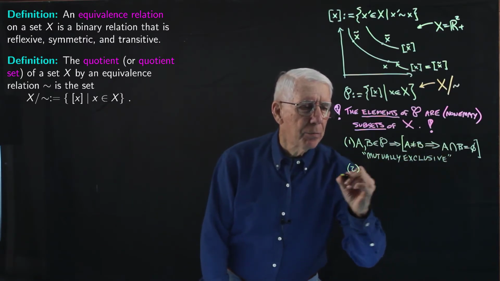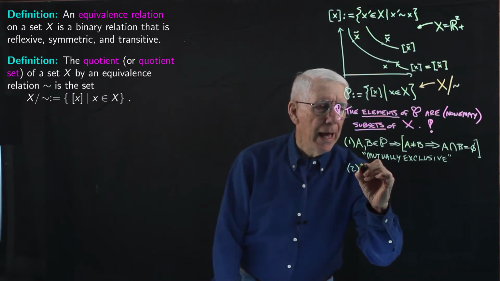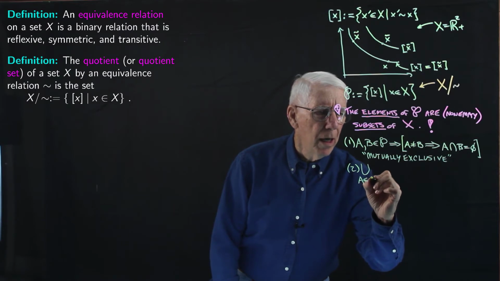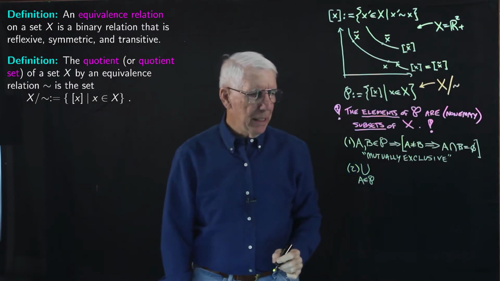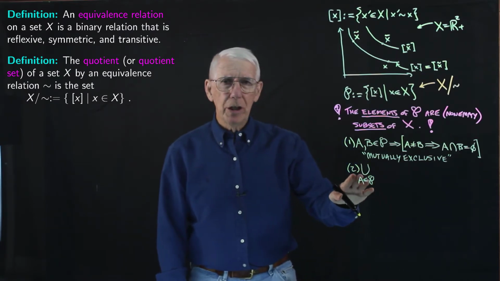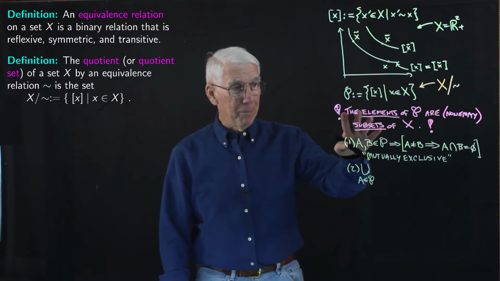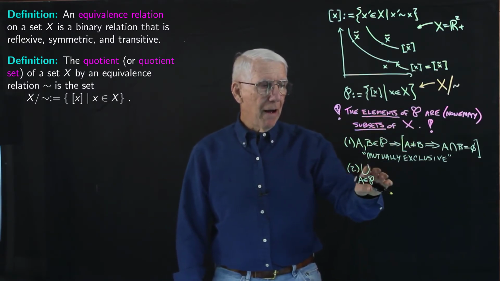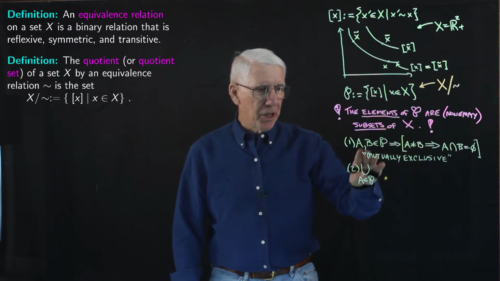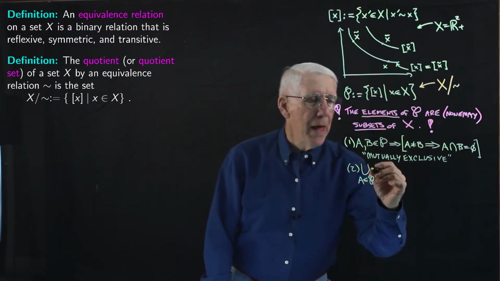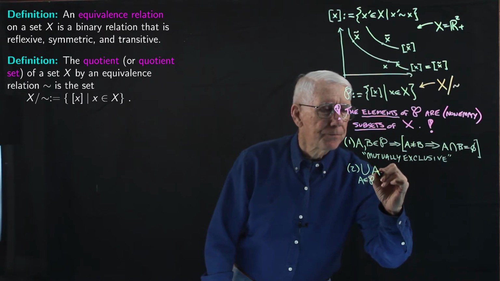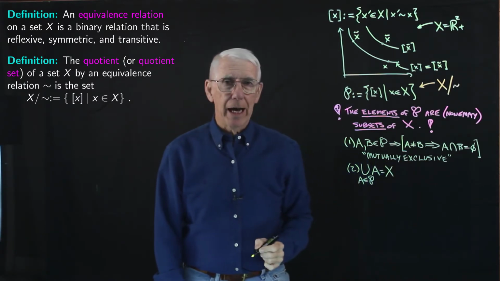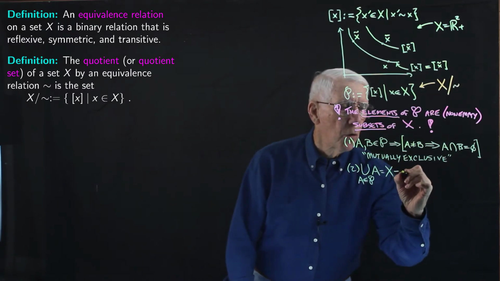And the second property is that if we take the union over all of the elements of P, remember the elements of P are subsets of X, so we take the union of the sets in X that are elements of P, that is equal to the entire underlying set. We could say that another way.